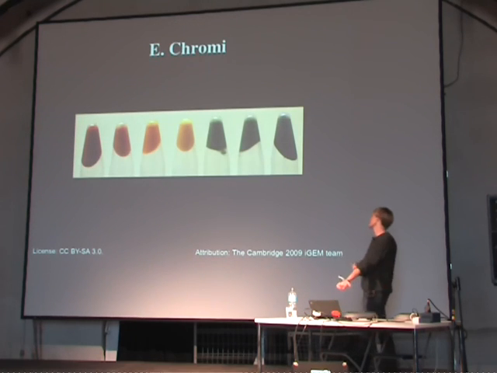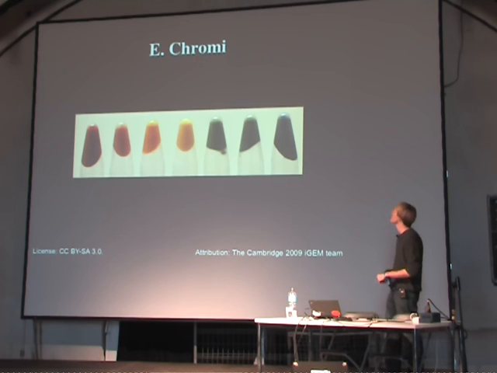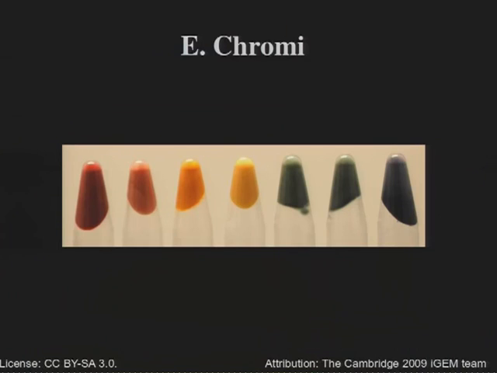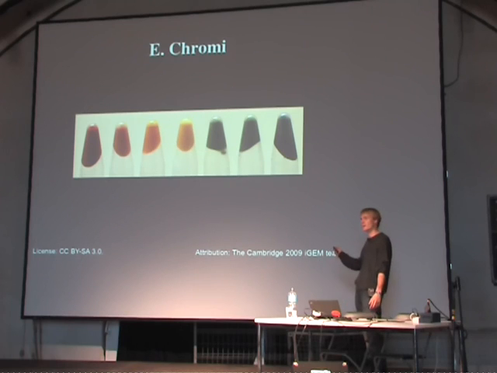This is a student project that I think is pretty cool. It's called E. chromi, and they took an E. coli bacteria and they modified it to produce all these different colors. And this is very useful because if we can produce different colors in bacteria, then you can hook those color-producing elements up to, let's say, sensors or something you're interested in, and then you can get an output that's very easy to read out.